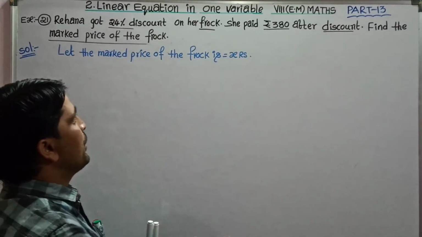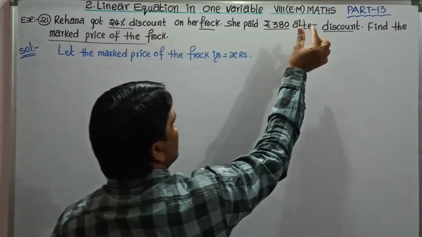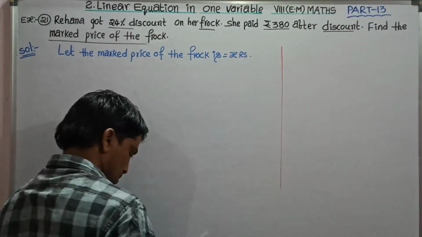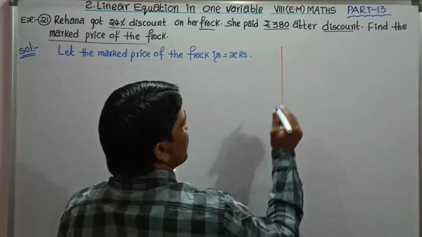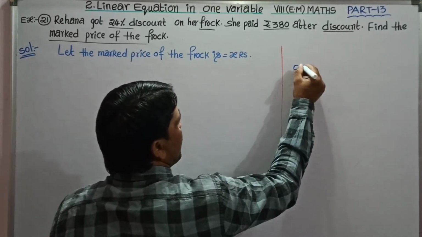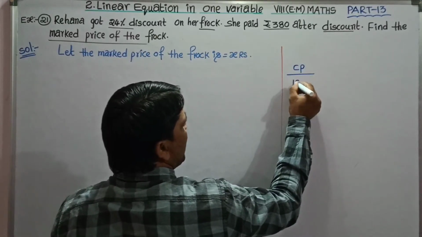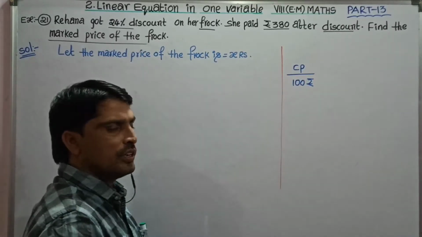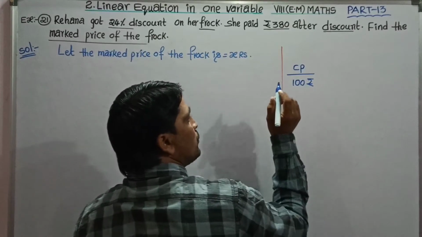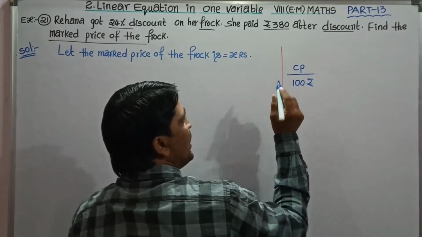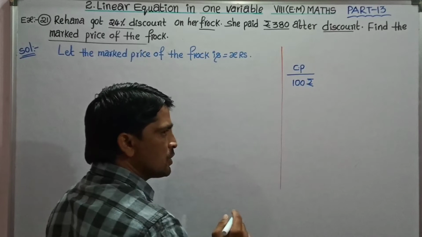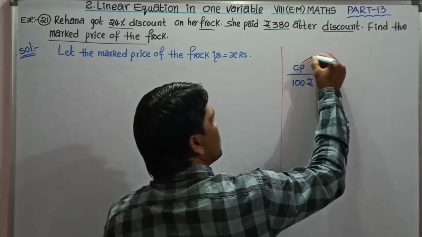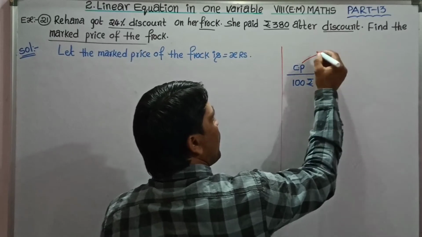Let us see the relation between discount, selling price and market price. Suppose a company invests 100 rupees to make a shirt. Investment to make a shirt is 100 rupees. Investment is nothing but the cost price of the shirt. Now the company decides a markup.